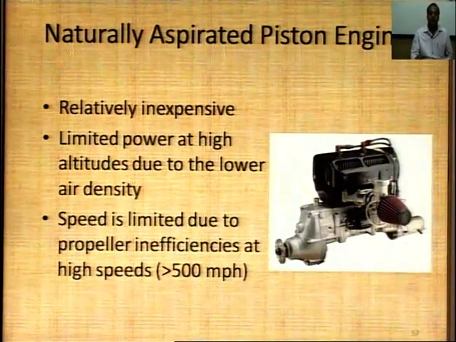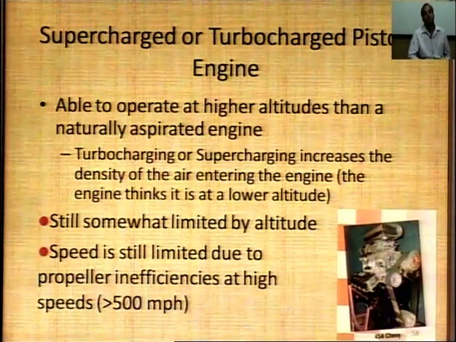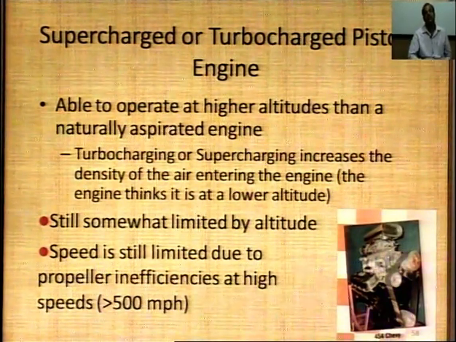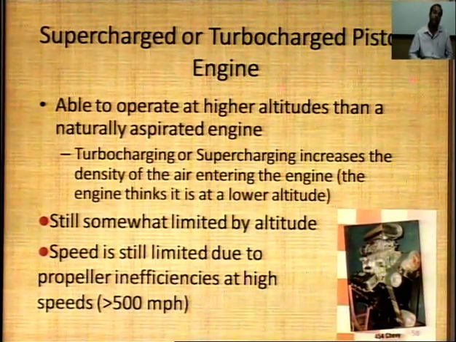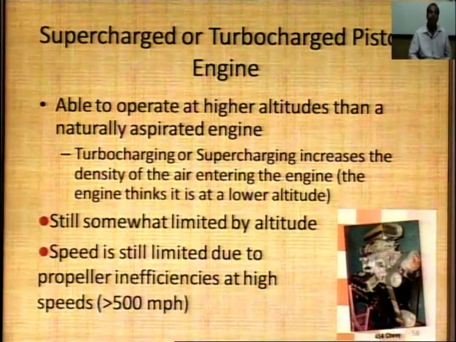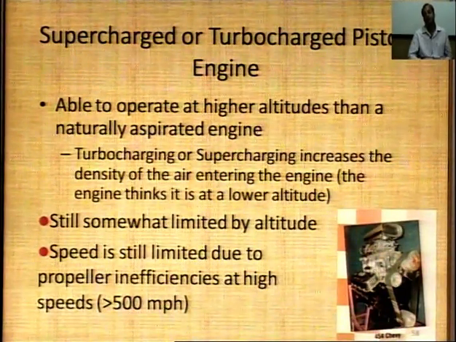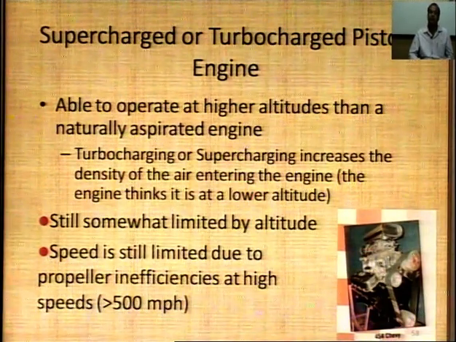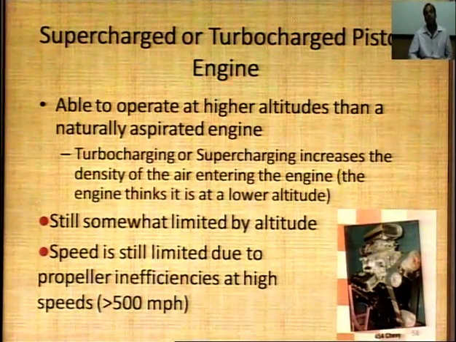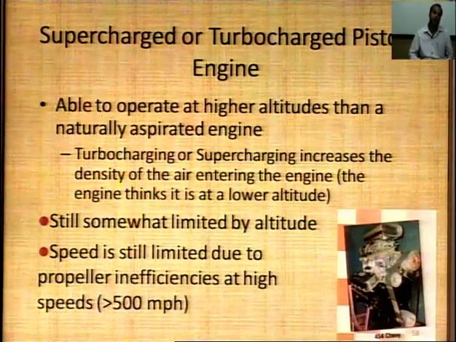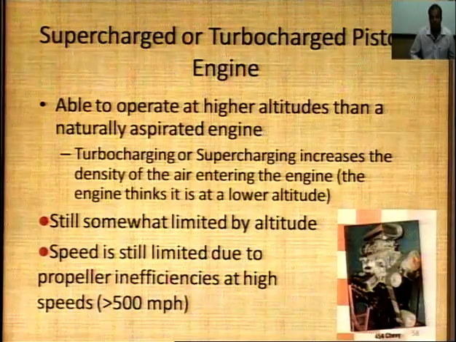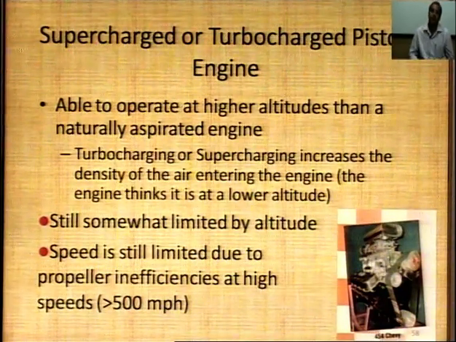Let me discuss the next slide. Supercharged or turbocharged piston engine. This is the advancement in the piston engines. First, able to operate at higher altitude than a naturally aspirated engine. By the modification in the older engines, if we introduce a supercharged or turbocharged engine, we can increase the operation of the engine at higher altitudes.